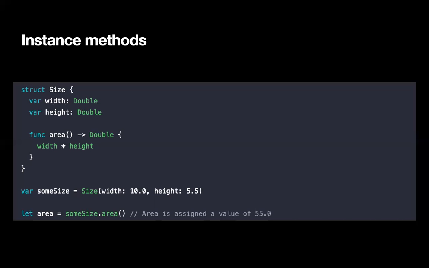That means someSize is an instance of Size, so area can be called on all instances of the Size type. This is called an instance method.